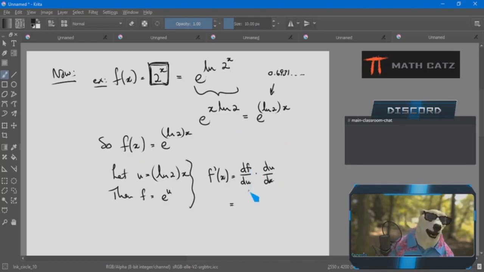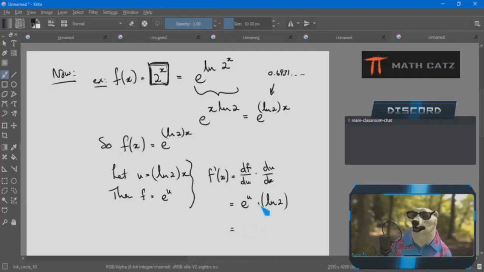Derivative of f with respect to u. It's e to the u. It's a natural exponential function. Derivative of u with respect to x. See it for what it is. It's a number times x. So it's the number. Now what do I do usually?